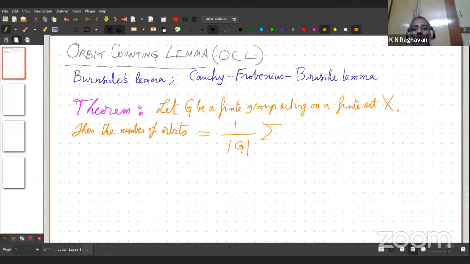I sum over all elements g of G of the cardinalities of X^g, where X^g, recall, is, this is the definition, all those x in X such that gx equals x.